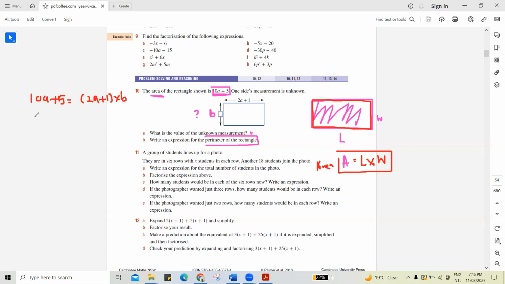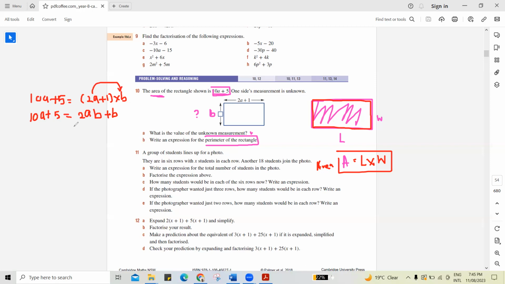Now we are going to find the B. Now I expand this one. 10a plus 5. 2a times b, what is the answer? 2ab, yeah, that's good. 1 times b is b, right?